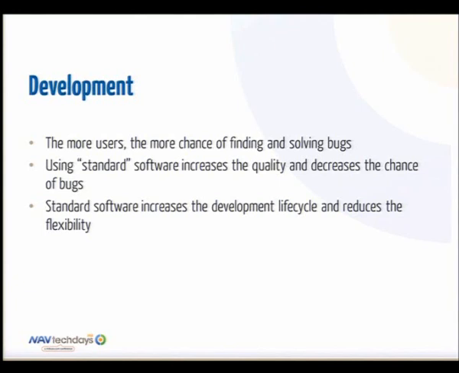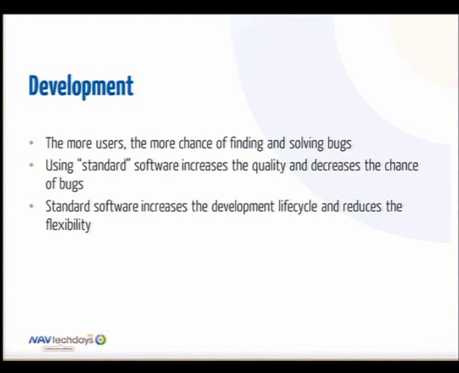So the more users you have on your system, the more chance you have of finding bugs. But using standard software will definitely increase the quality and decrease the chance of finding bugs. If you reuse something that is used at 10,000 other installations, the chance of you finding a bug in that piece of software is much smaller.